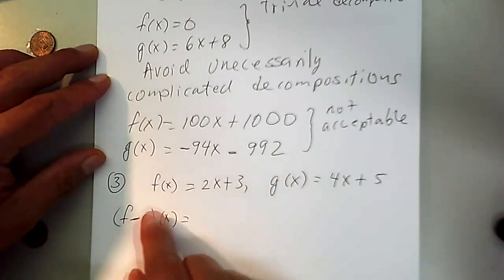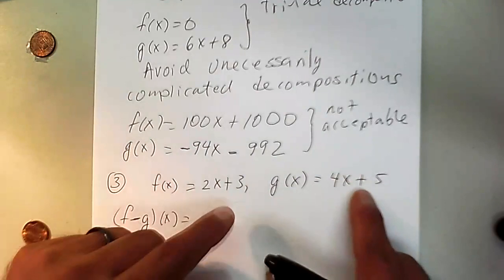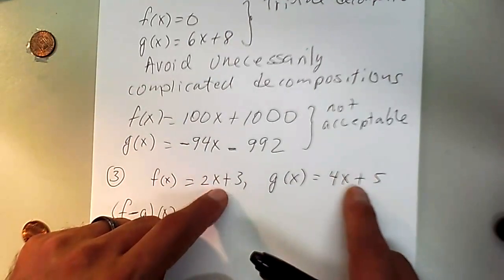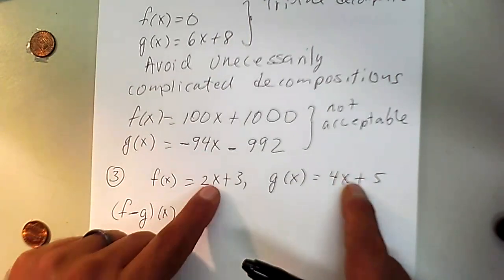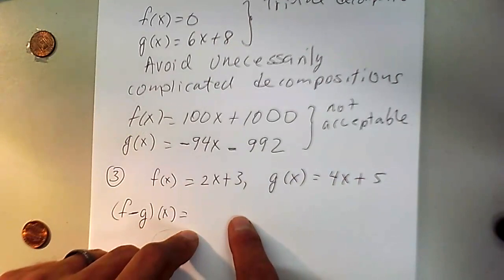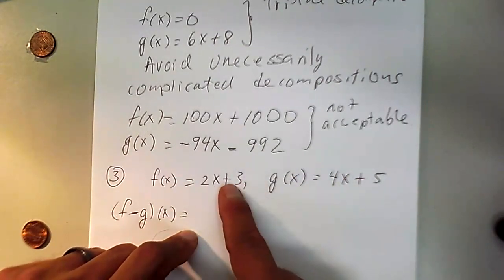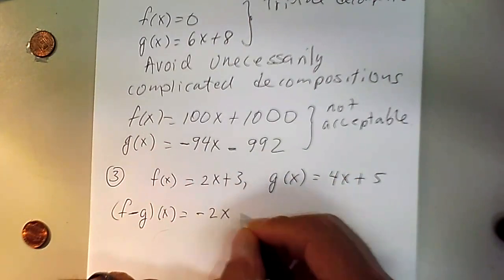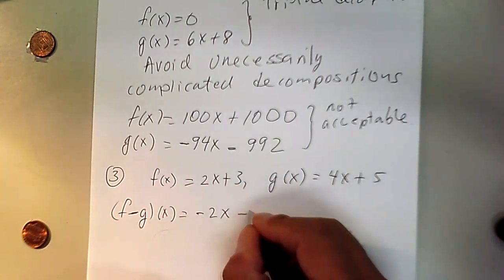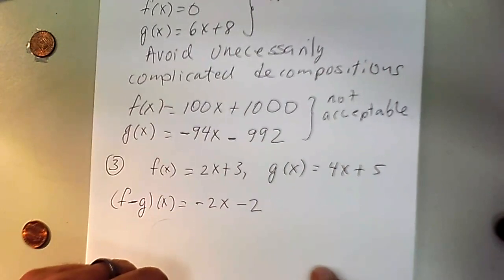And what we do is subtract corresponding outputs. Since the outputs come from the polynomials, if we subtract the polynomials in the same order, we're going to end up with a new polynomial that generates all the outputs. So 2 minus 4 is negative 2, x, 3 minus 5 is negative 2 without an x, and that is it.